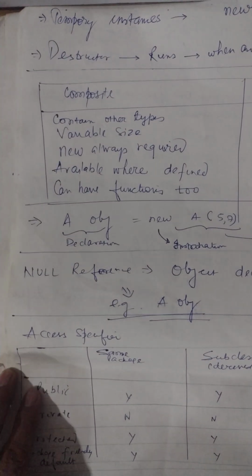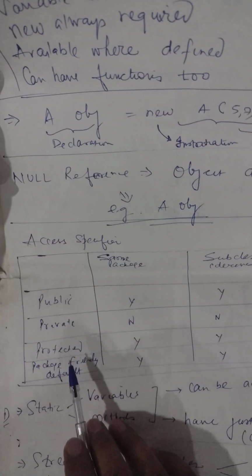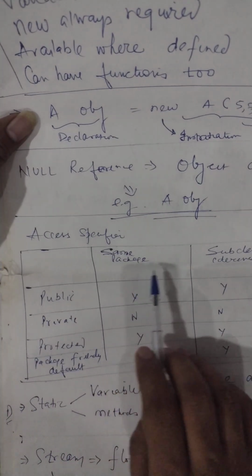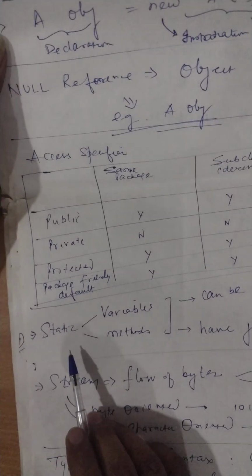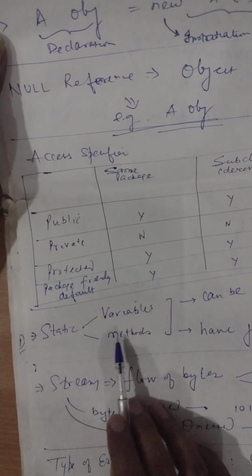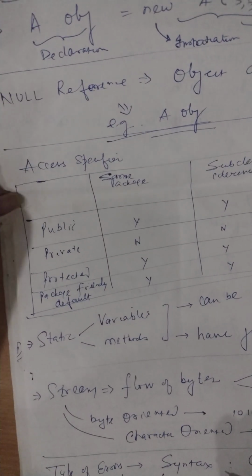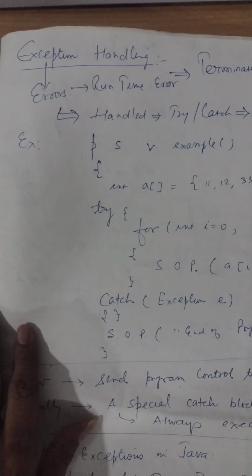Then we have a definition of access specifiers, which are public, private, protected, and package friendly default, and under what categories all these things have to be used. Then static variable and methods, stream, types of errors like syntax, logical, runtime, and exception. Those definitions are mentioned.